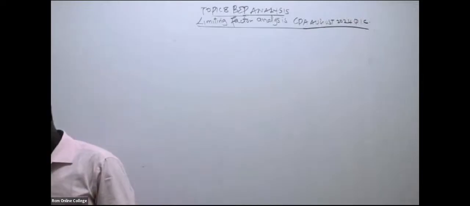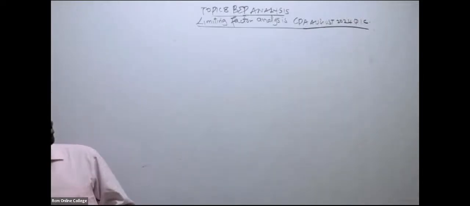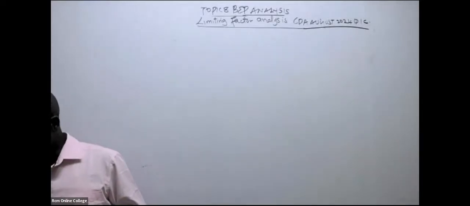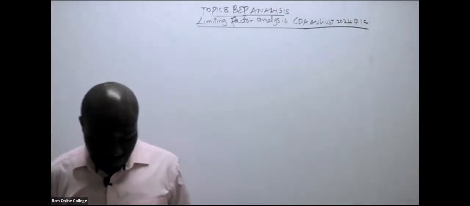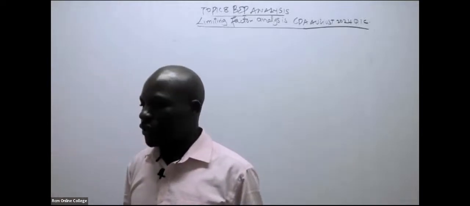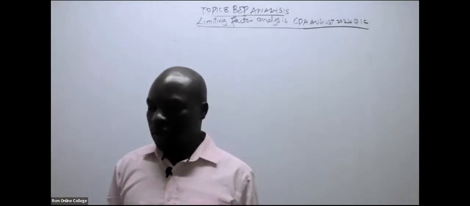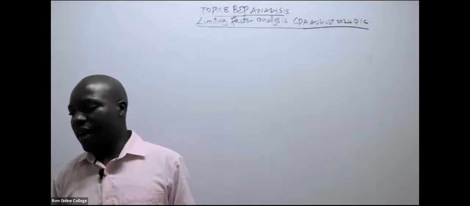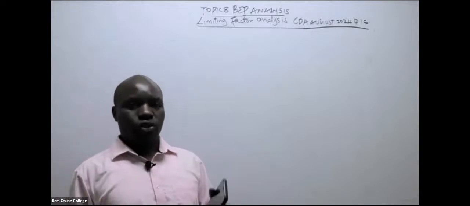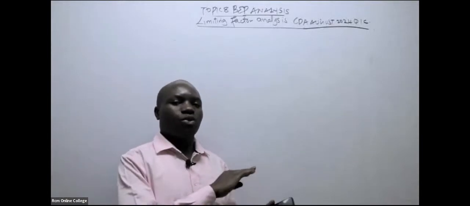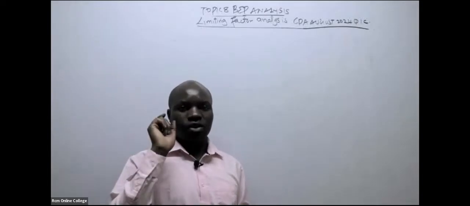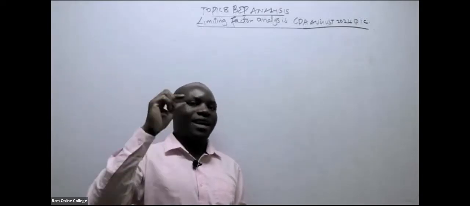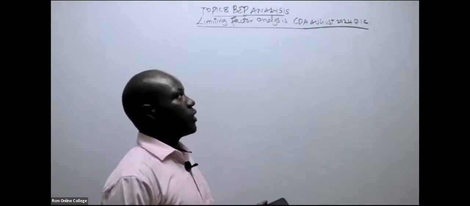Good. So we've been able to read the question, and we now need to address what is given there. So the first thing we need to deal with is to bring all the items. Before I even look at the limiting factor, what you're going to do here for the first part will apply to any question that relates to limiting factor analysis. So what are we supposed to do?